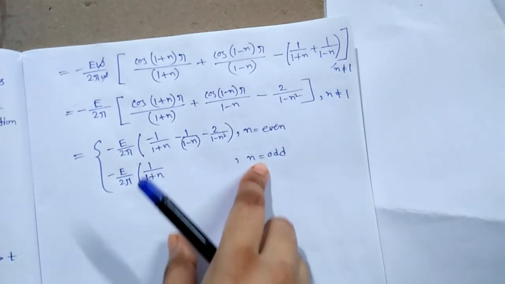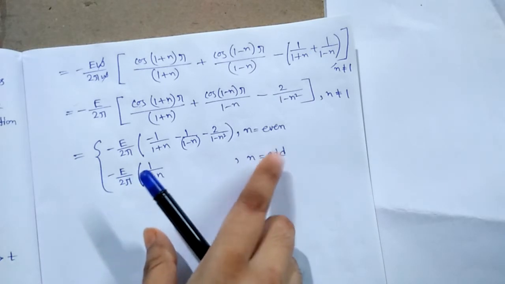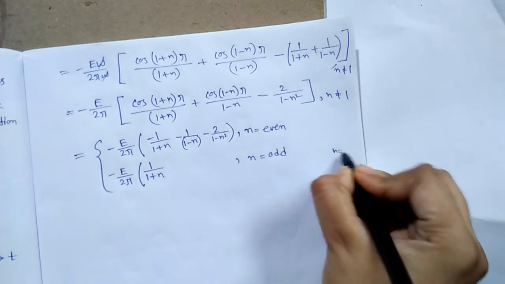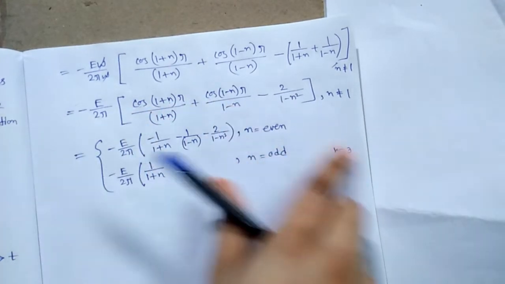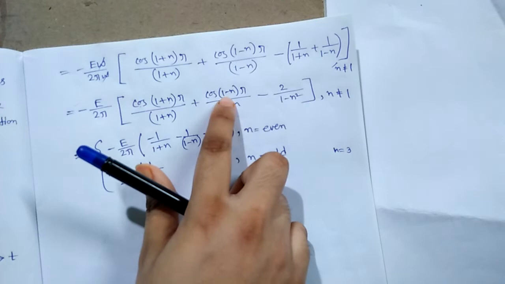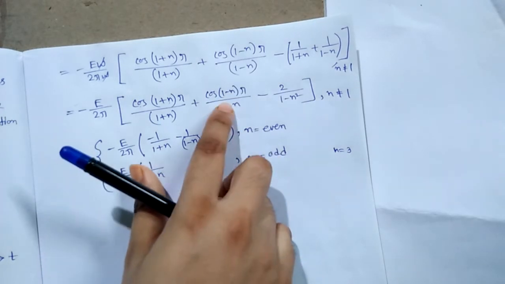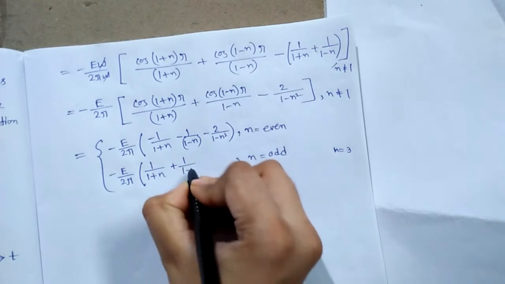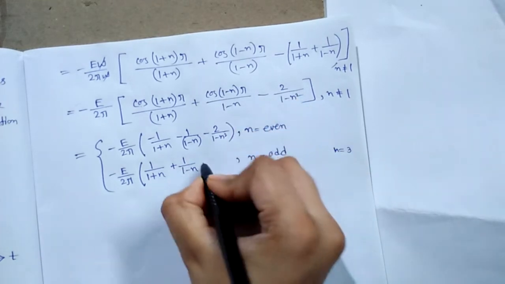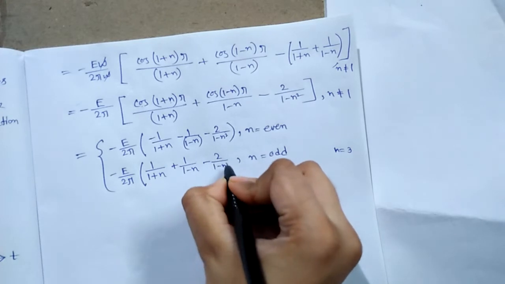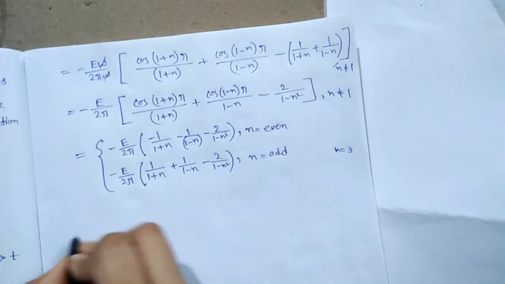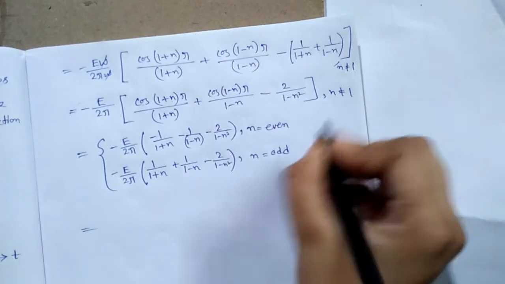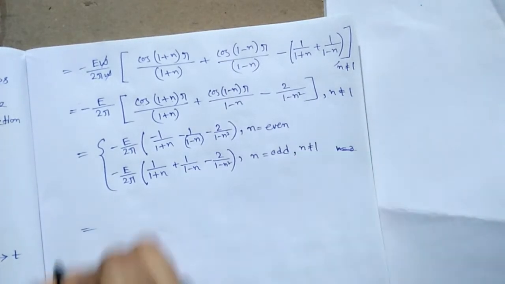No sorry, we have to put the odd value, suppose n equal to 3. So when n equal to 3, this is cos 4 pi, and this is cos 2 pi. So cos 2 pi is 1, plus 1 by 1 minus n, and this is 1 by 1 minus n square. Also write this, n not equal to 1.